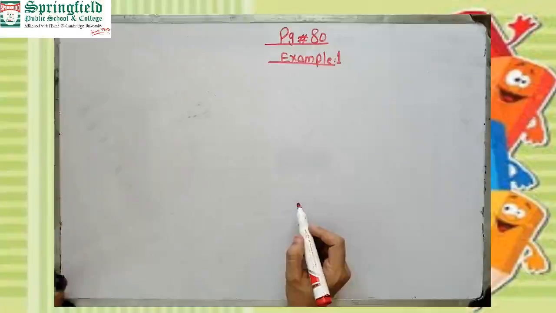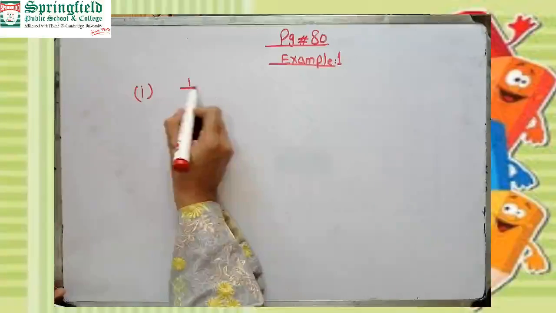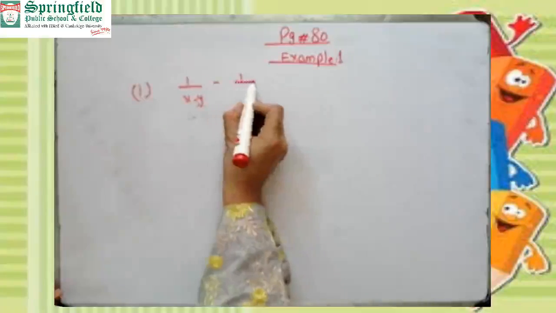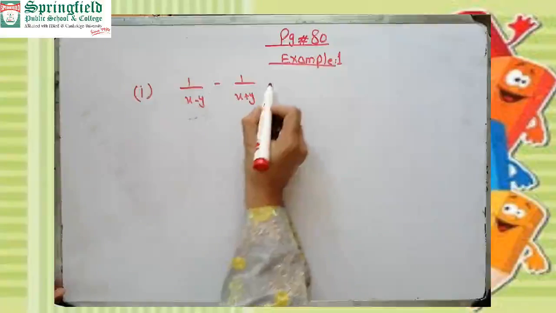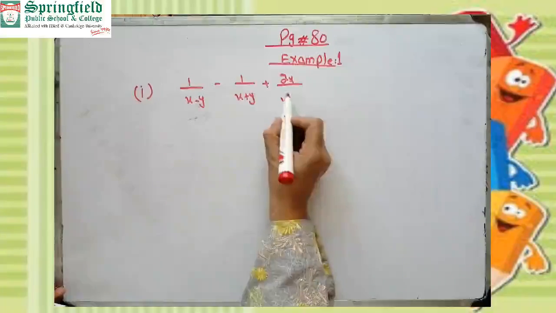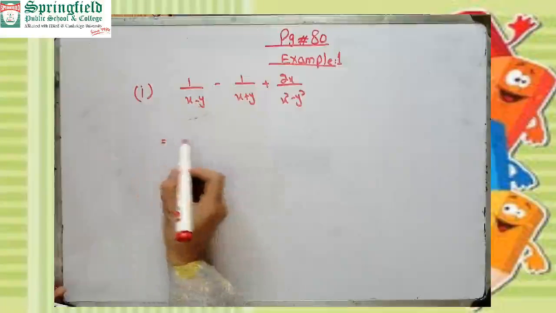Fine. Okay, now first part is 1 divided by x minus y minus 1 divided by x plus y plus 2x divided by x square minus y square. So how we can simplify this one?